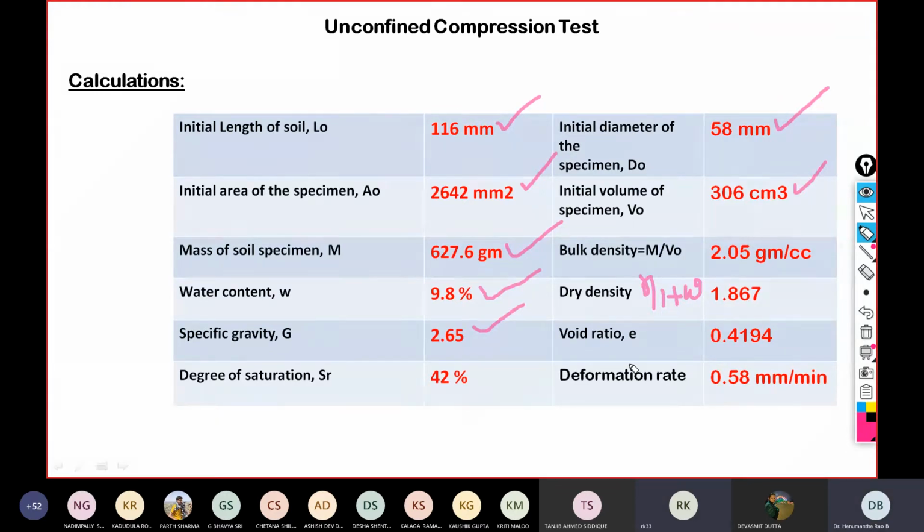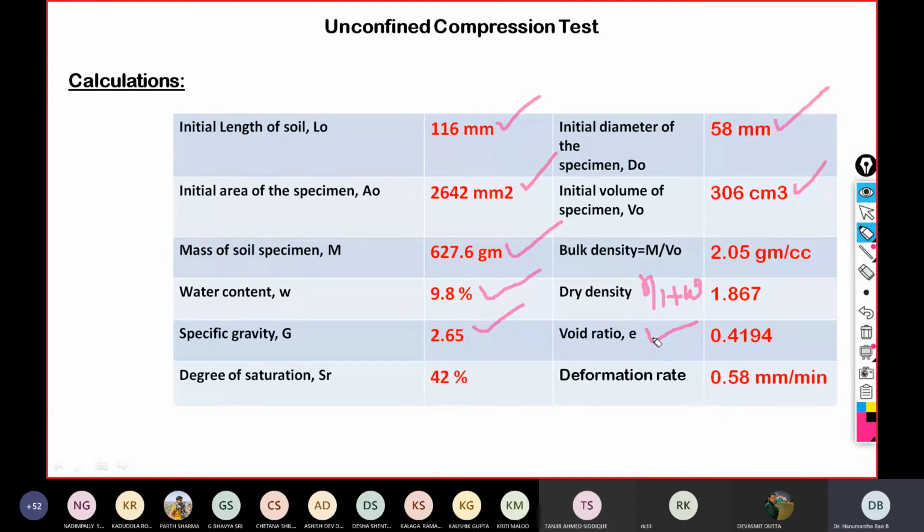Correct. So dry density gamma D is equal to G into gamma W divided by 1 plus e. Gamma W is essential. So there I know the dry density, I know the specific gravity, so I can calculate the void ratio.